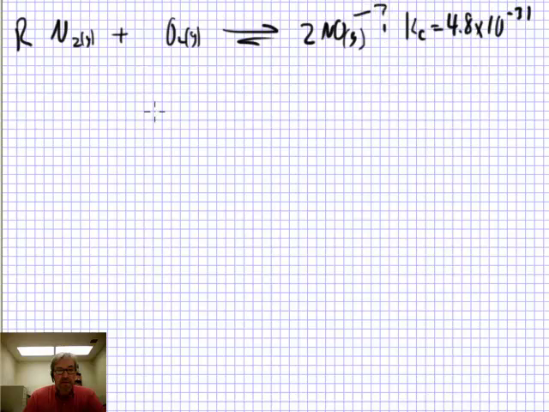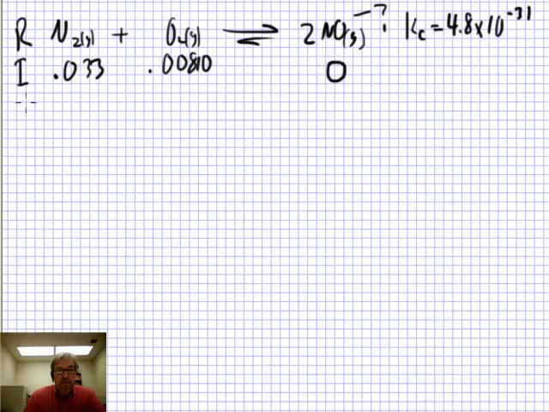The next line of my RICE chart is initial concentration. And it told us in the problem that 0.033 was the initial concentration of N2 molar, and O2 molarity is 0.00810 moles per liter. And we're going to assume that the reaction hasn't happened yet, so there's no NO. Here's the change.